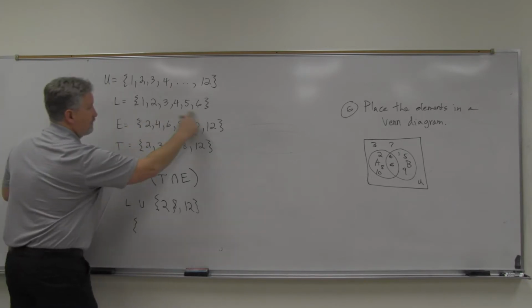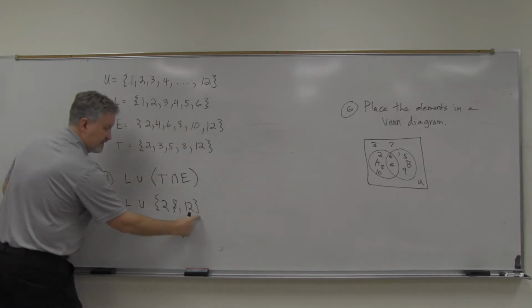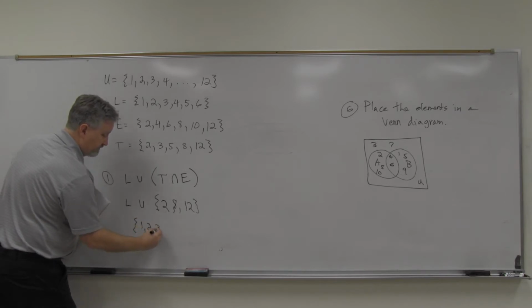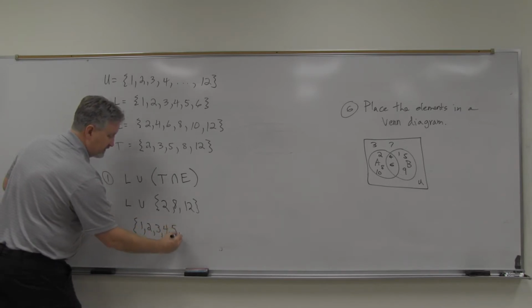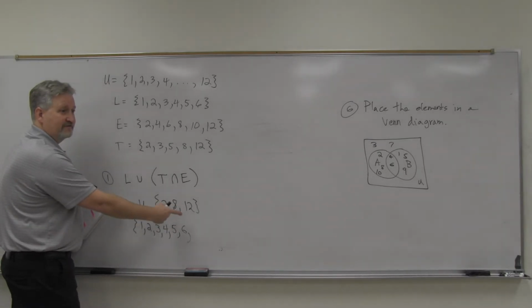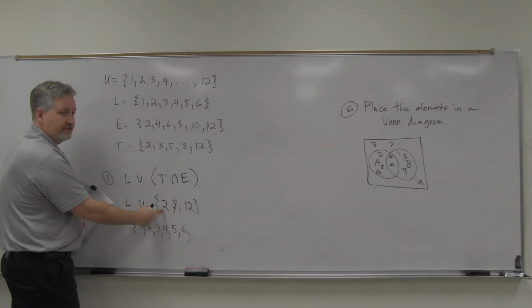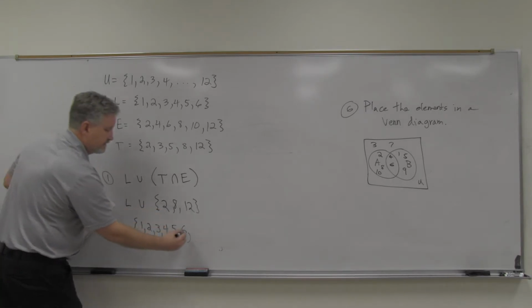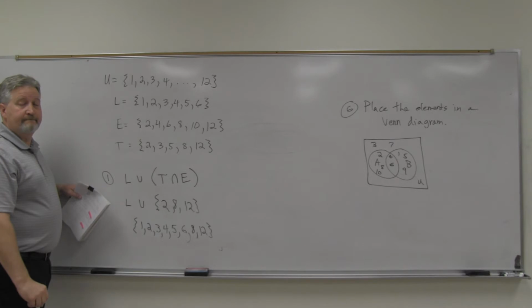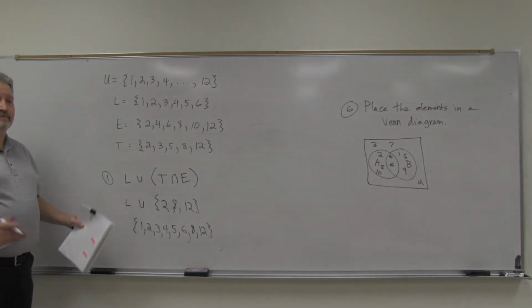Everything in L, so I've got 1 through 6, and then combine that with the 2, 8, 12. 1, 2, 3, 4, 5, 6. That'd be everything in L. And then this contributes the 8 and the 12. I've already got the 2, so I don't have to write it in. So put the 8 and the 12 on the end there. Good? All right.